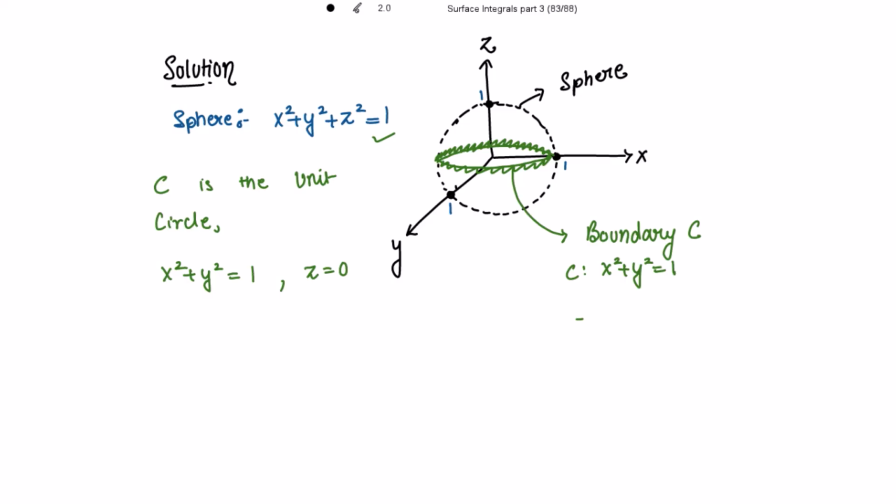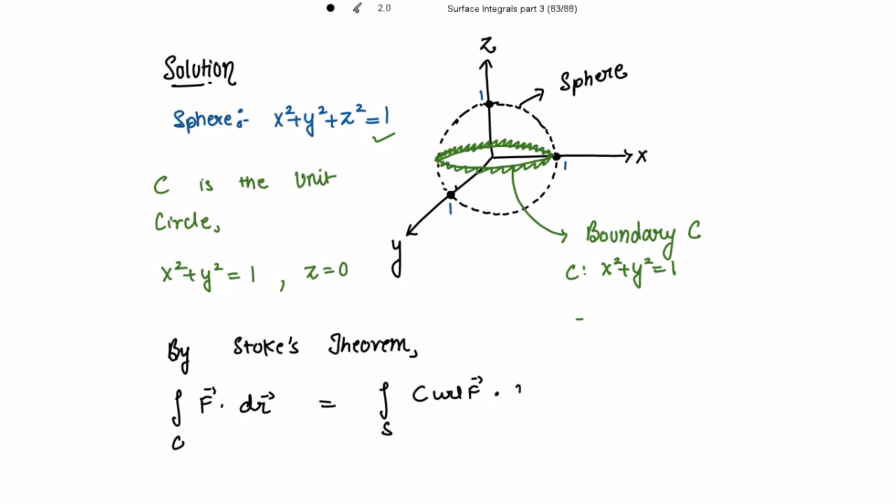Because we need to verify the Stokes theorem, I am writing here, by Stokes theorem, the line integral of the dot product of f vector with dr vector over C is equal to the surface integral of curl of f vector dot n vector dS, where the mod of n vector is equal to 1.